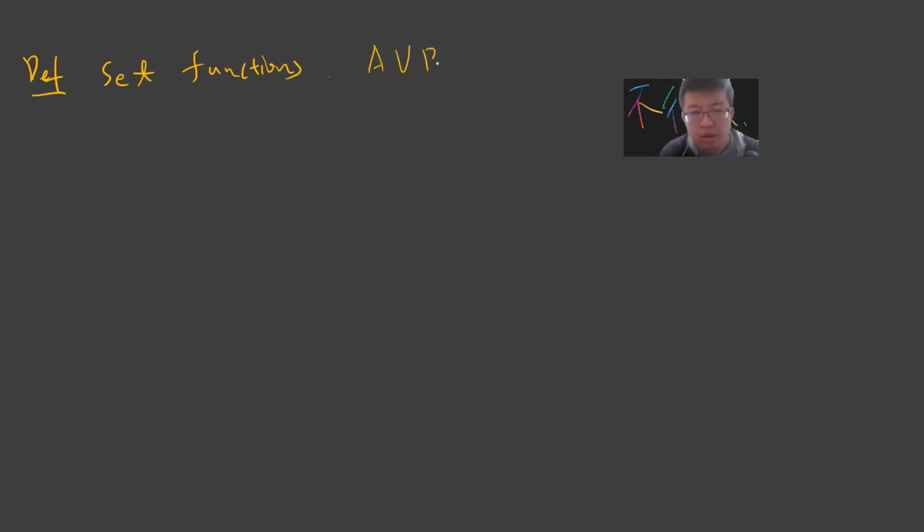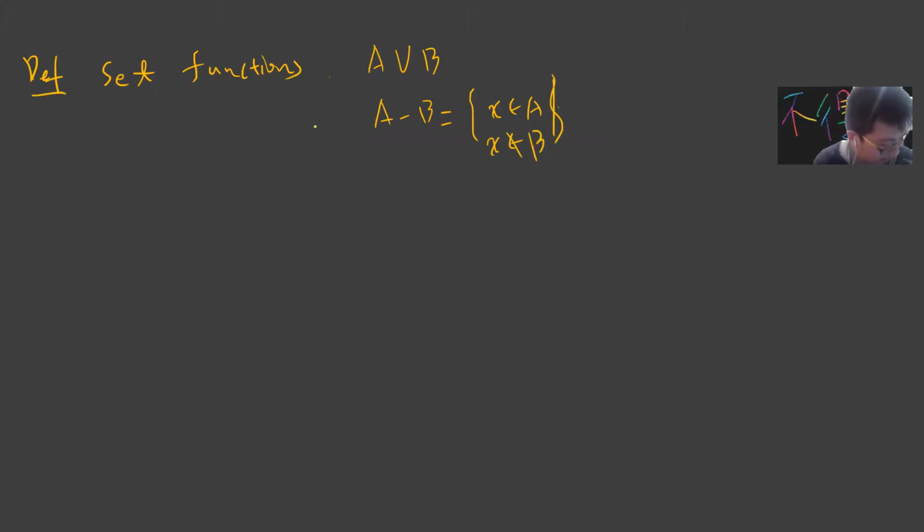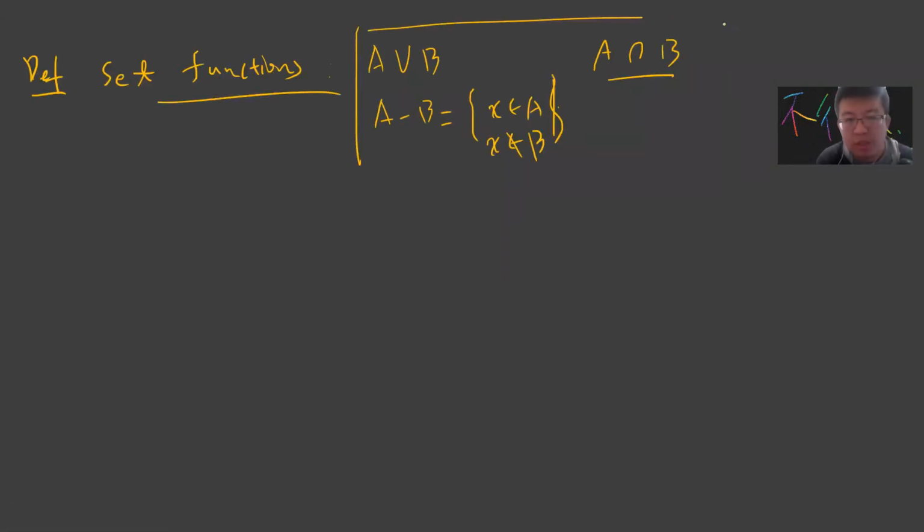So this is the union, and this A minus B is basically x belongs to A, but x does not belong to B. Yeah, so I use minus, and this is an intersection. This just means that set operations are common operations in set theory. Okay, so definition.